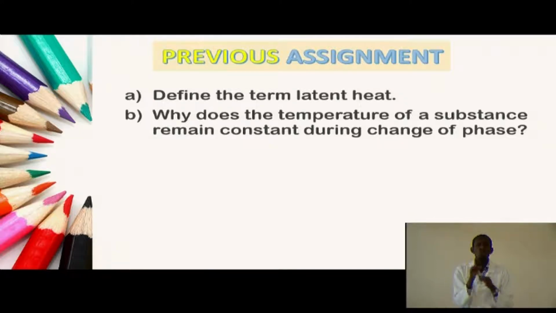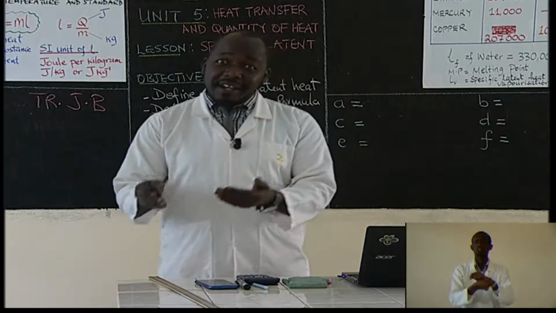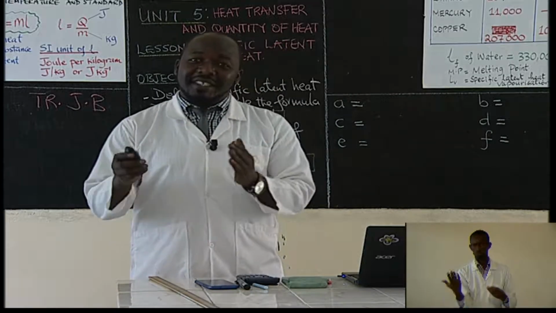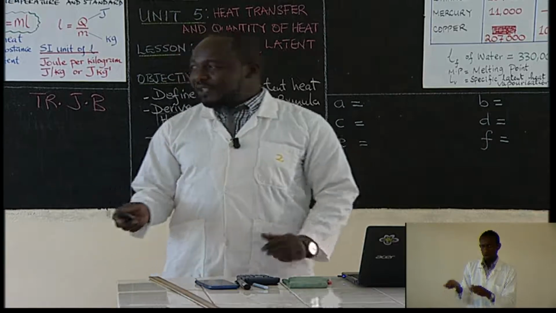We will move very quickly there because I believe it is very easy. Last time we said latent heat is the amount of heat required to change the state of a substance from one form to another at a constant temperature. That was quite easy.